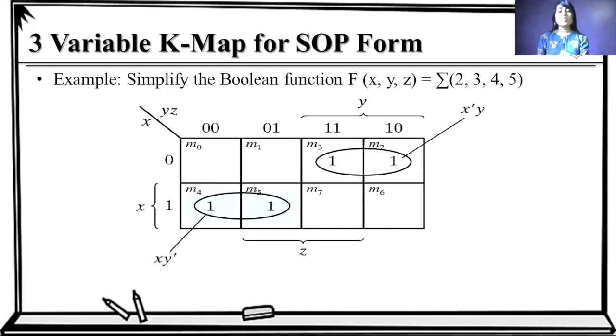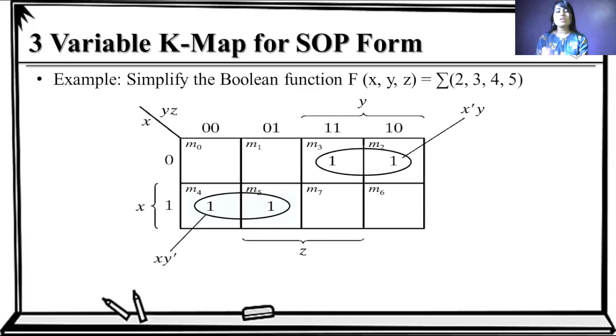Now here we can make a group of 2, which is identified easily. We have 2, 3 as one group and 4, 5 as one group. Now we have to write a group function. So how can we write it? For this one, look in the horizontal direction: x dash is common, and in the vertical direction y is common.